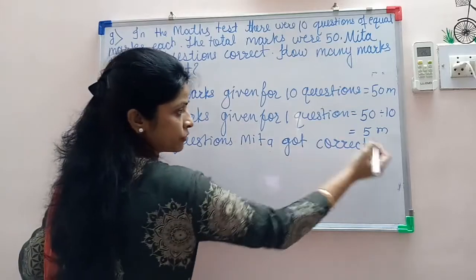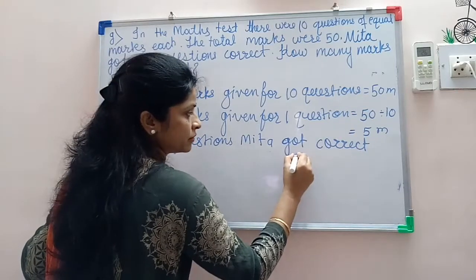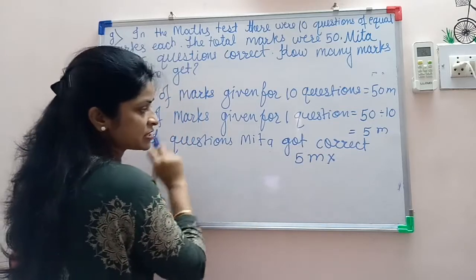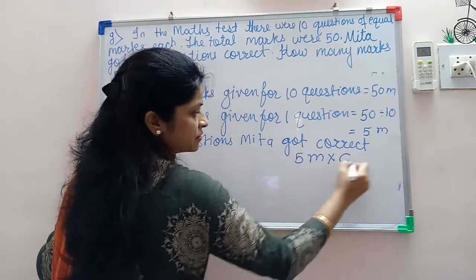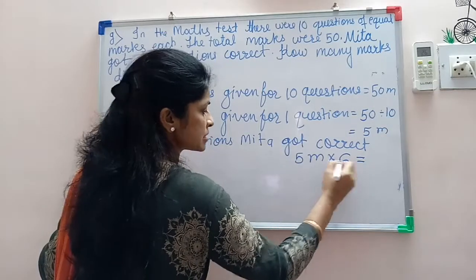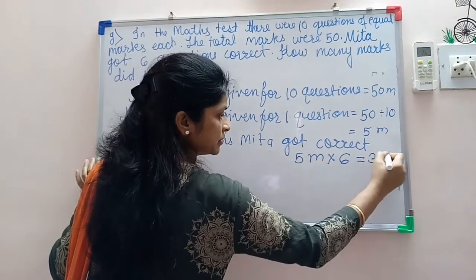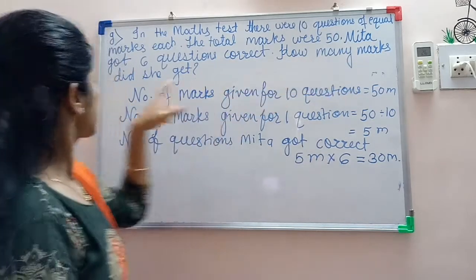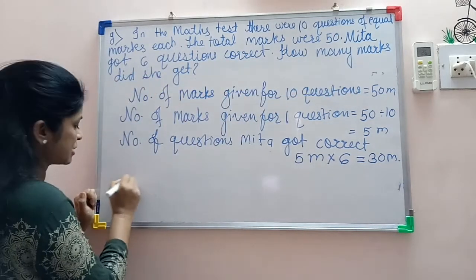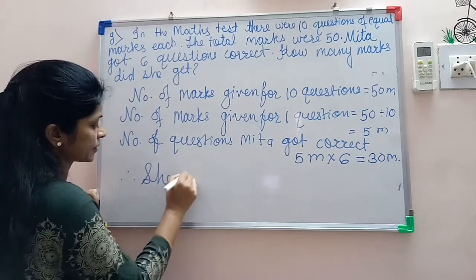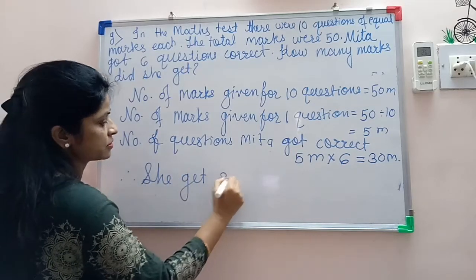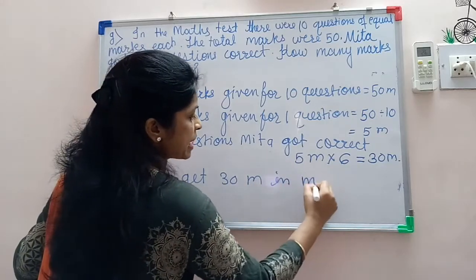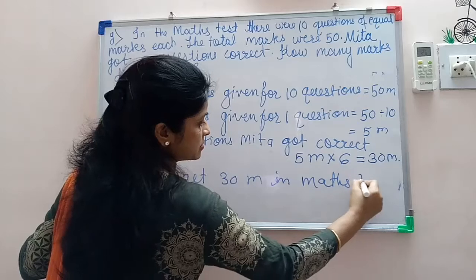For that we have 1 question marks multiplied by how much questions she has given? 6. That will be 6 5s are 30. How many marks did she get? So we have to write, therefore she get 30 marks in maths test.